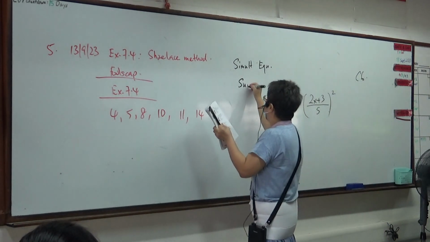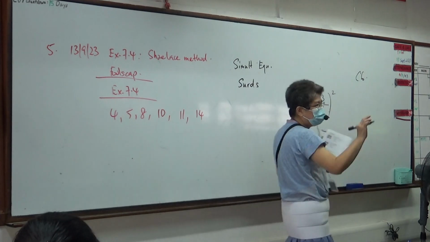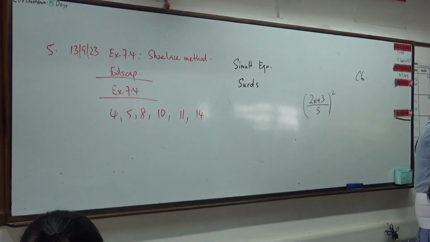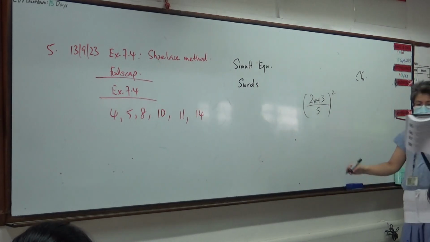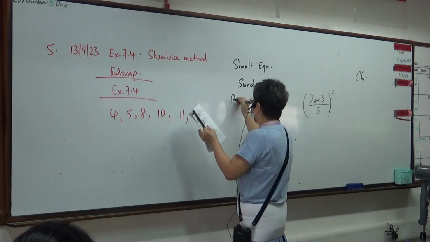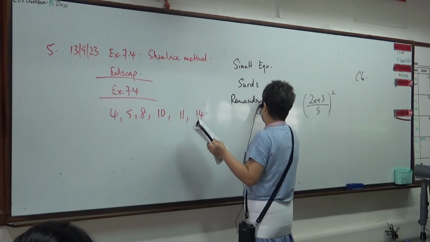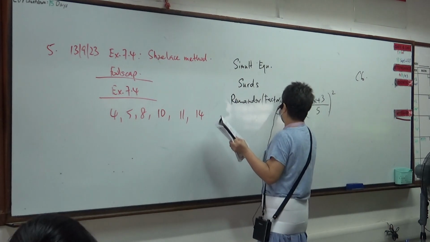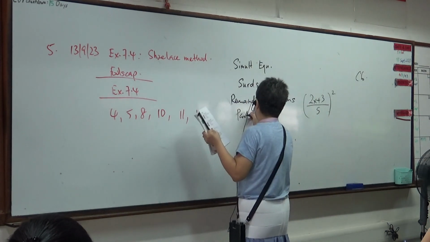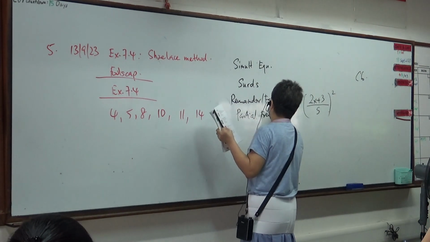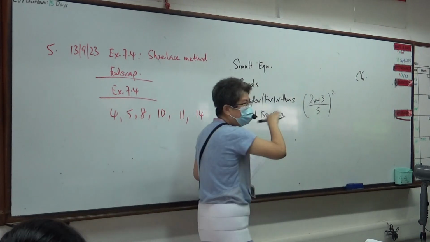Then rationalization must get full marks. Understand? Next one. Remainder factor theorem and partial fractions. These two are dead ones.